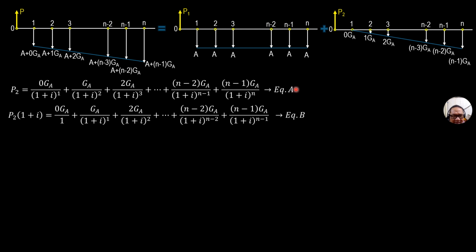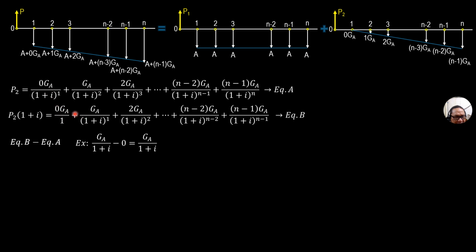We then subtract equation A from equation B, or equation B minus equation A. It becomes P sub 2 plus P sub 2 I minus P2. So the left side becomes just P2 I, and the right side would be, for example, G sub A over 1 plus I minus 0. So this term minus that term there is 0.